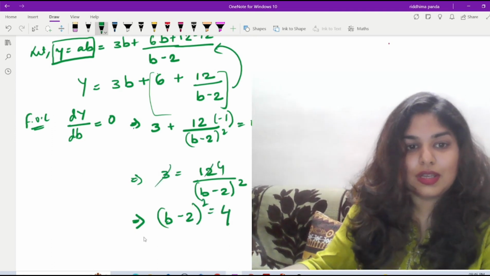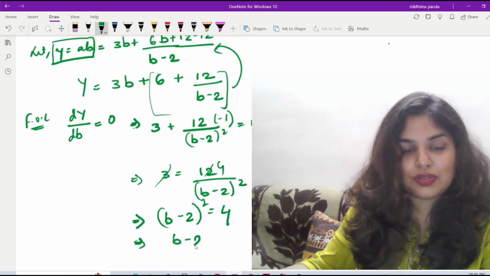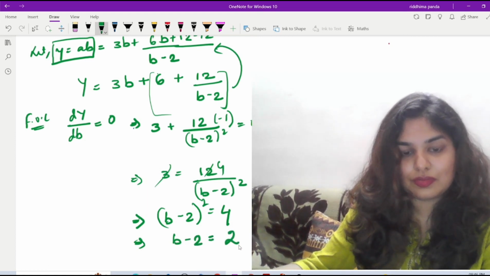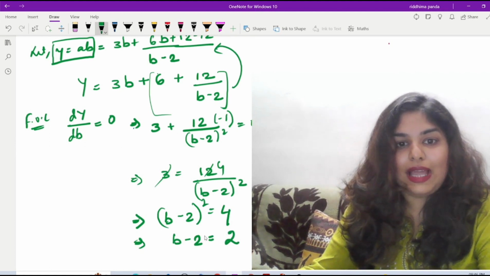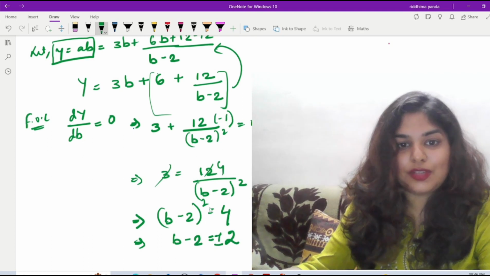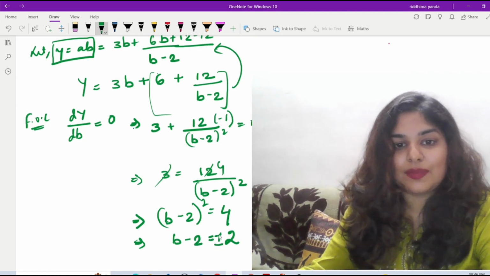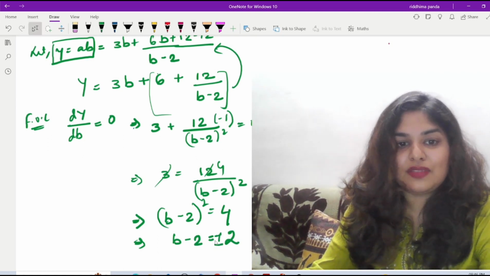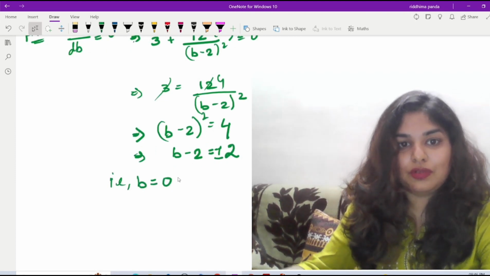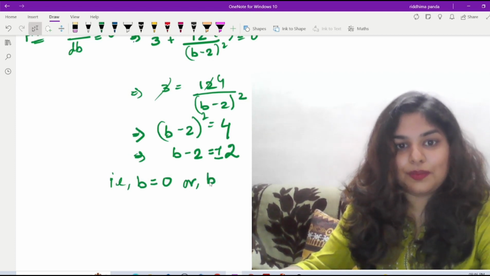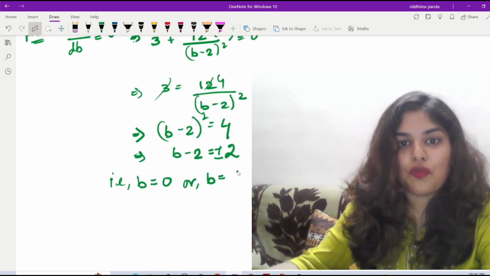So b minus 2 is equal to 2, right? Now that means, basically this is plus minus 2 because we're taking the square root. That means we have two values of b, that is b is equal to 0 or b is equal to 4.